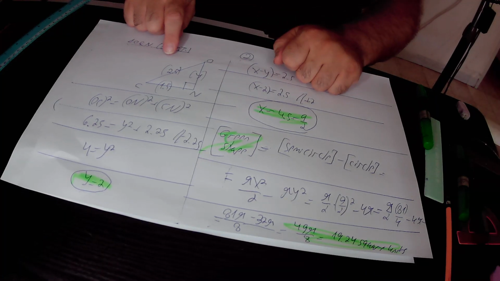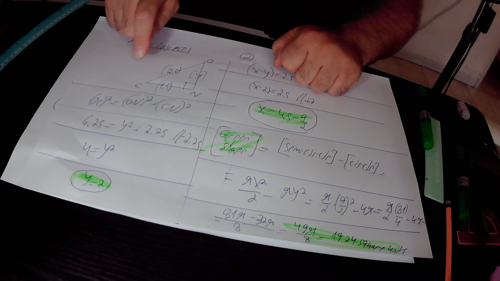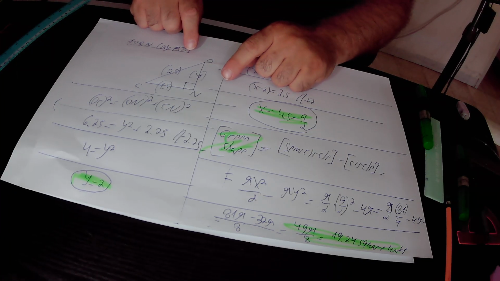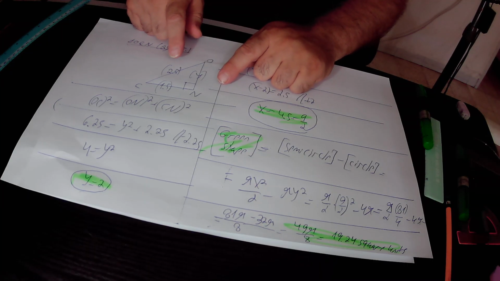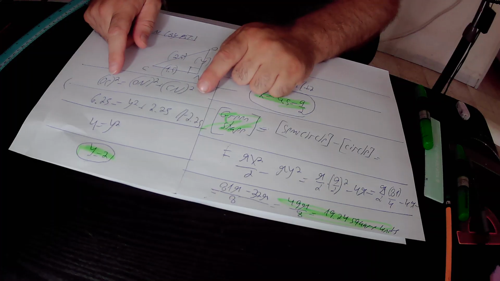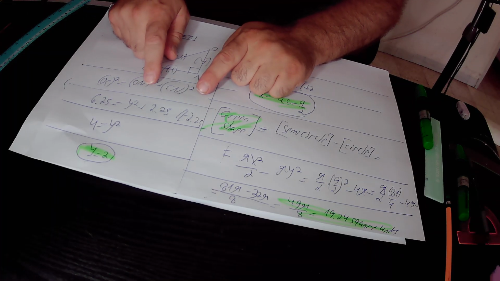OC is 2.5, therefore OC squared is 6.25, and it is equal to ON squared, that is y squared, plus CN squared. CN is 1.5, therefore CN squared is 2.25. So 6.25 equals y squared plus 2.25.